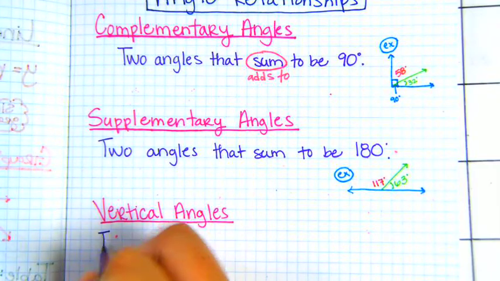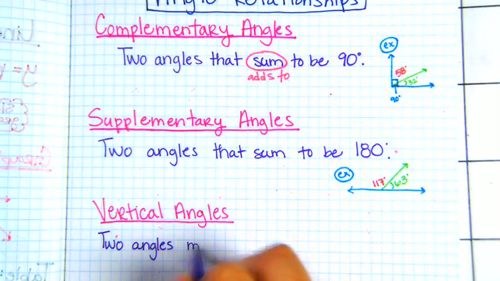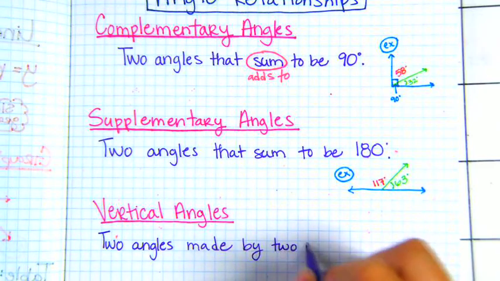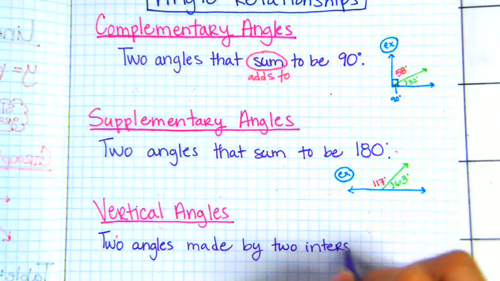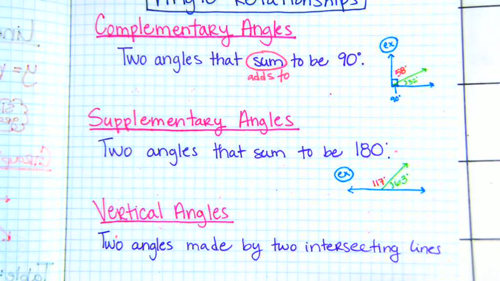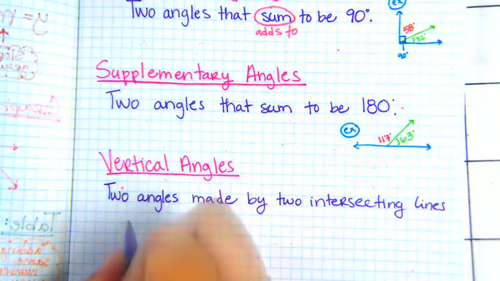It's two angles made by two intersecting lines that are opposite each other.